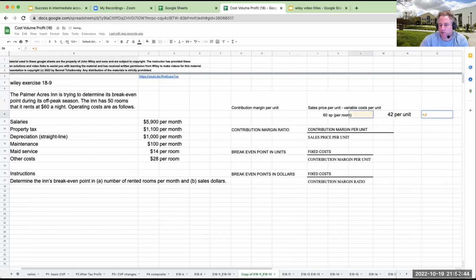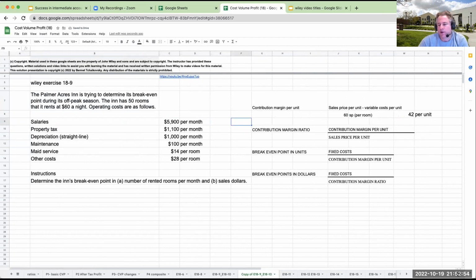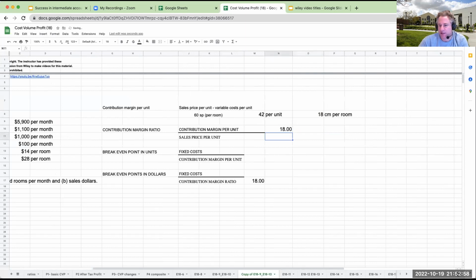So my contribution margin per room is going to be $18 per room. My contribution margin ratio is going to be $18, my contribution margin per unit or per room, over my sales price of 60, so 30%.